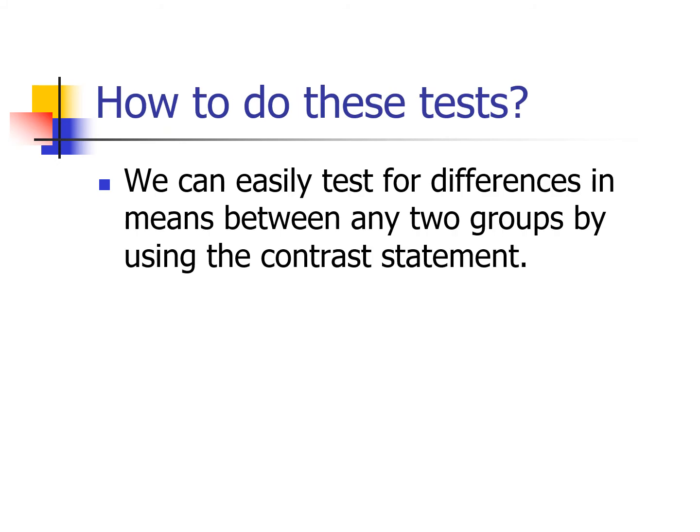So we have these 10 possible tests. We have these 10 possible pairs that need to be compared with one another. How do we go about doing it? Well, one way is through the contrast statement.